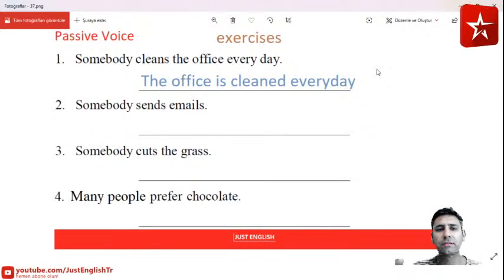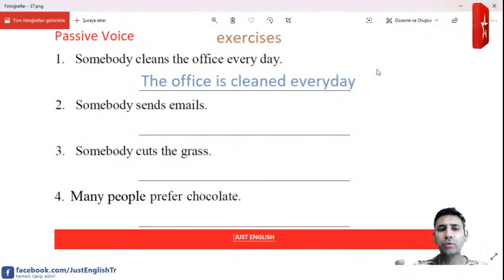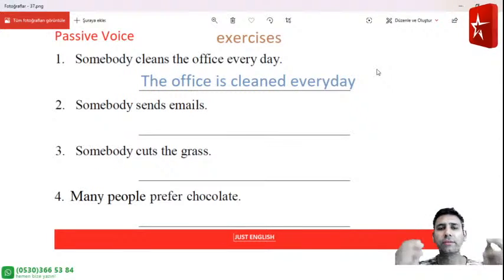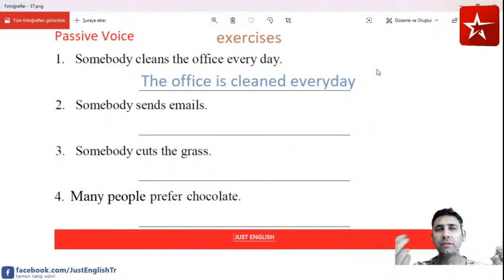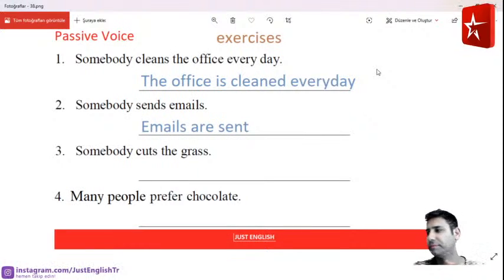So emails are plural, so we need to use are. Emails are, and the past participle form of the verb send is sent. So emails are sent.